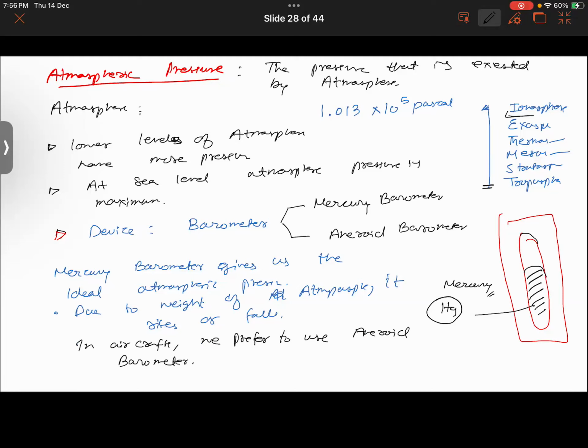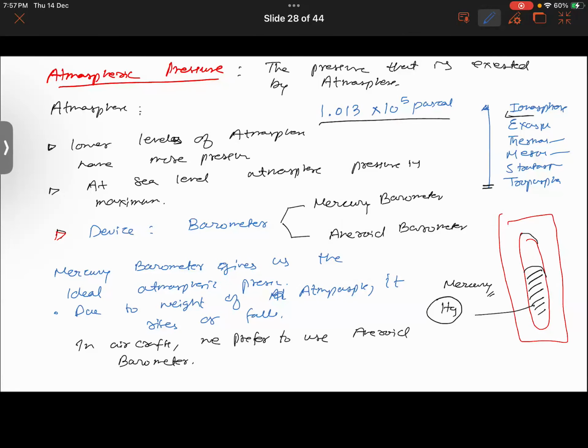And one more thing about the magnitude of the atmospheric pressure. If there's any question in this, please do let me know. The approximate value of the atmospheric pressure on Earth is 1.013 into 10 raised to the power 5 Pascal.